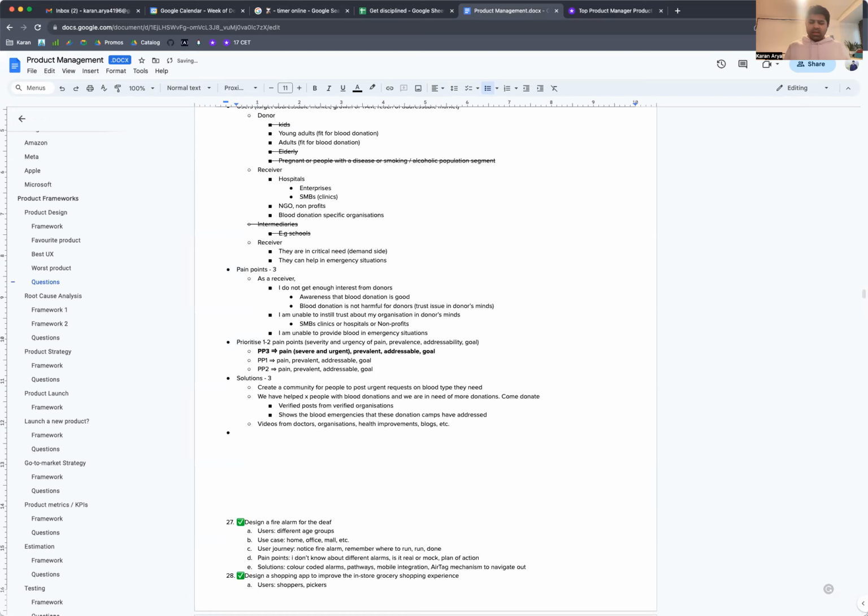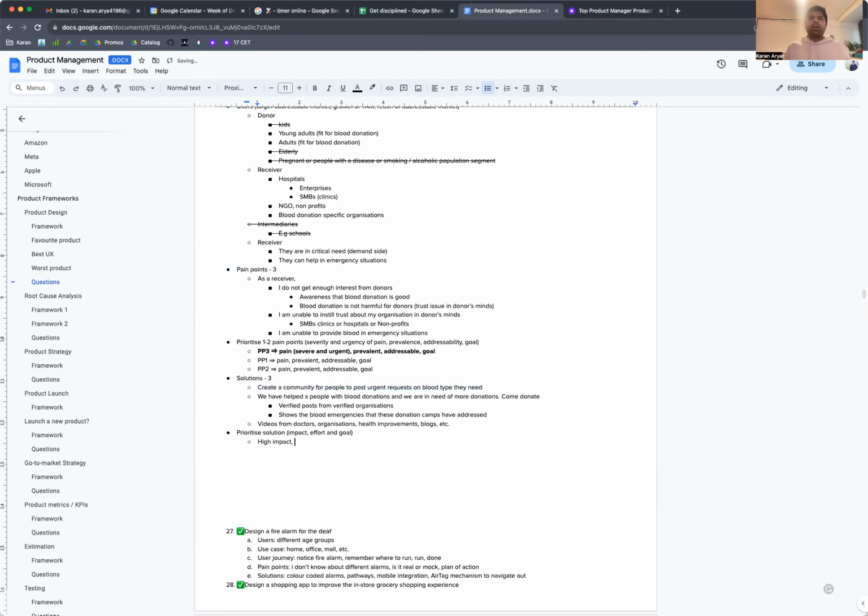Okay, let's prioritize solution based on impact, effort, and whether the solution helps achieve the goal. So the first one, definitely high impact.